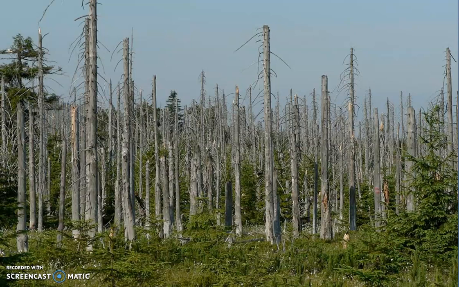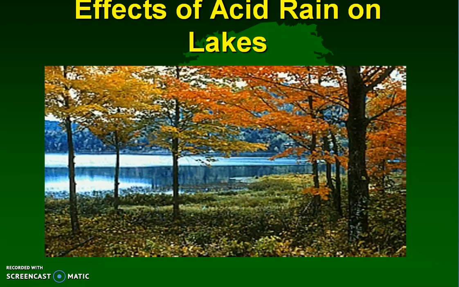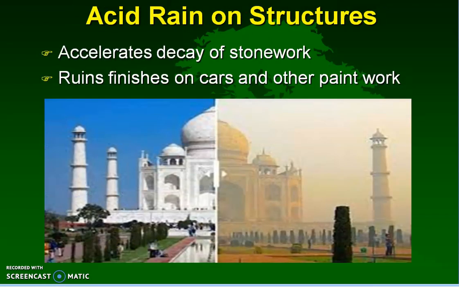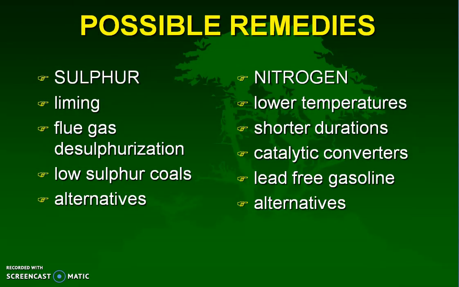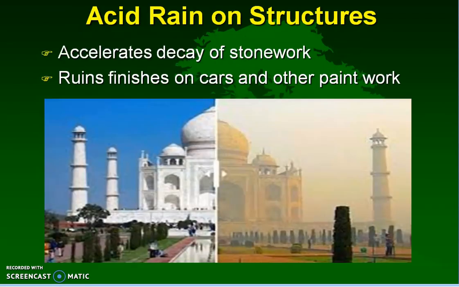In this picture, we can easily see the forest covers which are destroyed by the acids and regular fall of acid rain. This shows that the lake is degraded by the effect of acid rain. There is a very live example, which is the Taj Mahal of Agra.